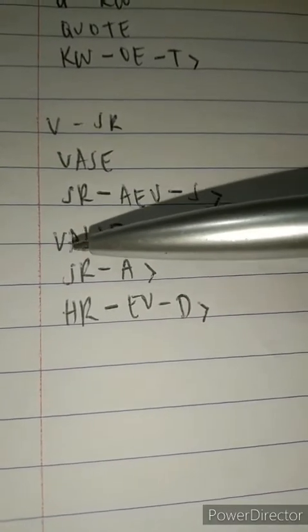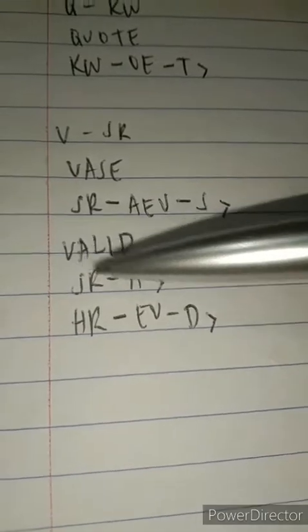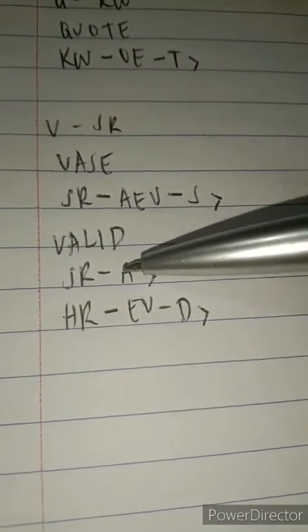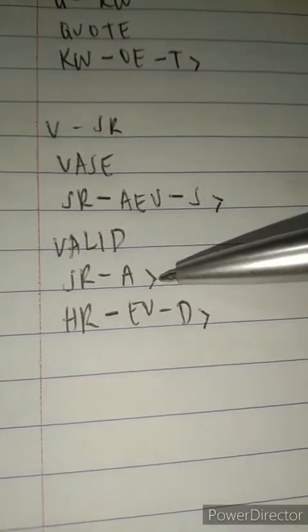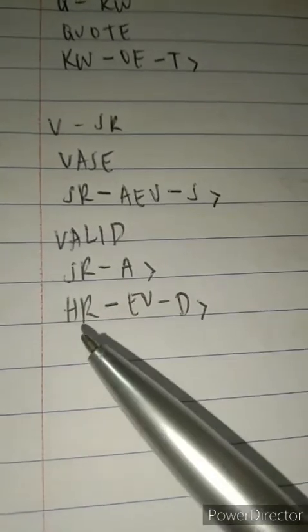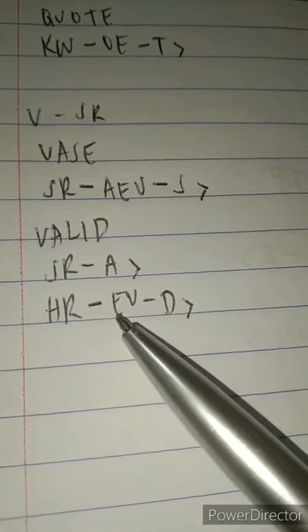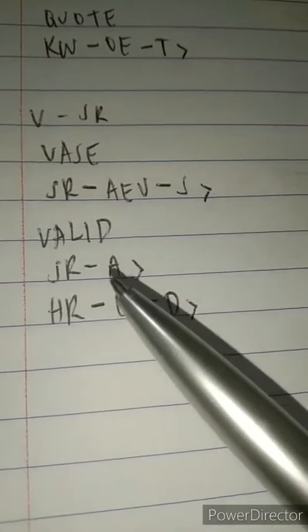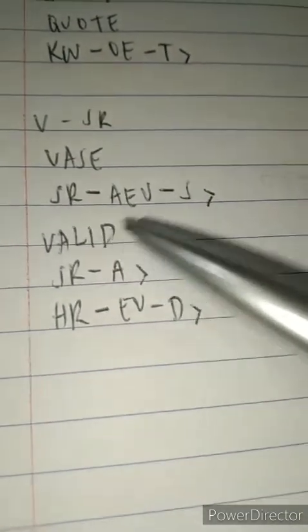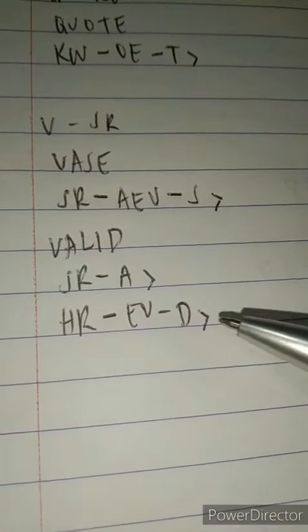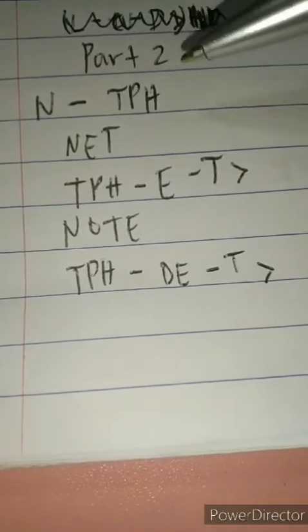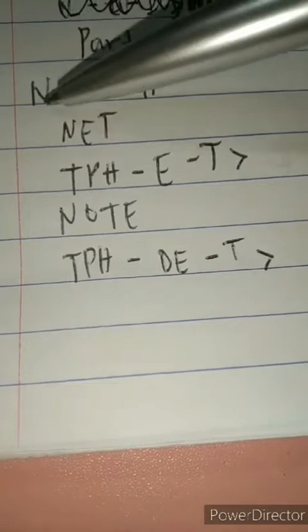So SR for letter V, and then the vowel letter A, and then release. Next syllable, HR for letter L, and then vowel letters EU for short I, and then ending letter D, and then release. Let's proceed to part 2, the letter N.